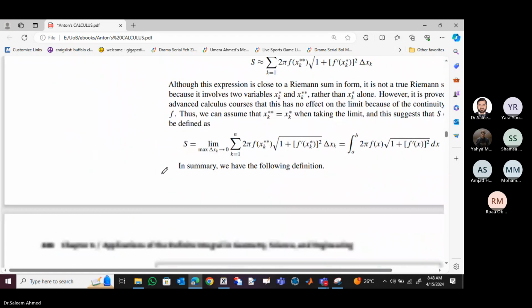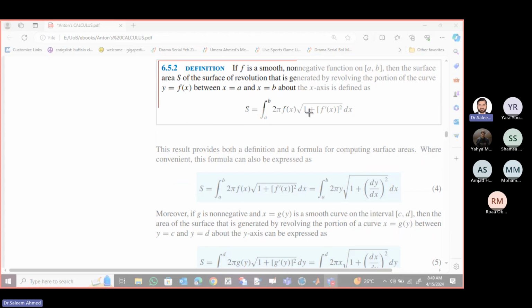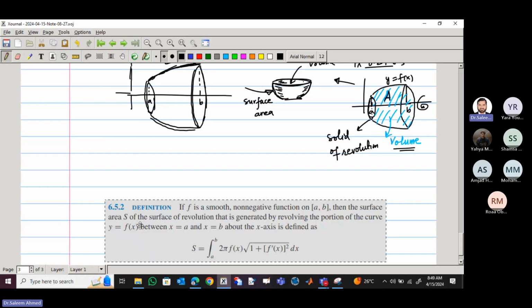I can just keep this definition and use the formula directly. I just have to see what my function is and what the limits are. So let me write that here.